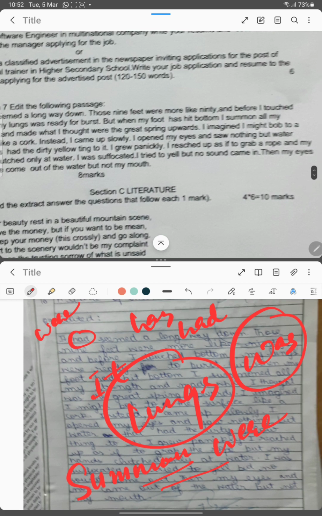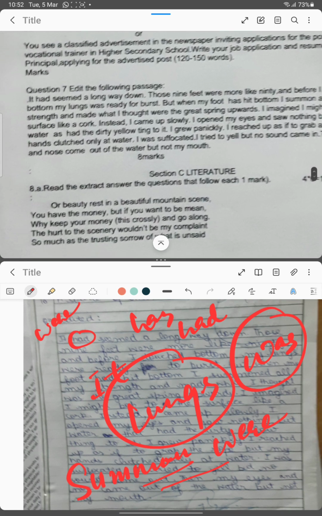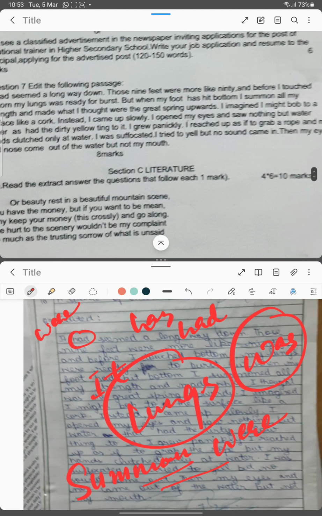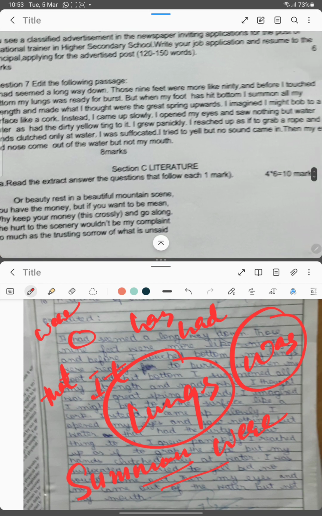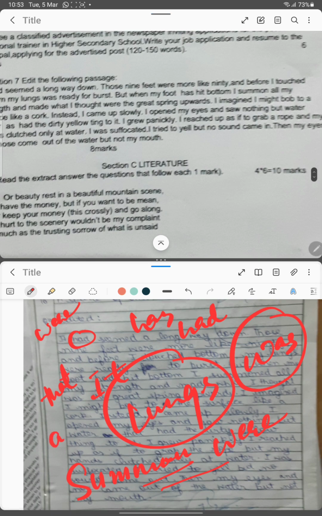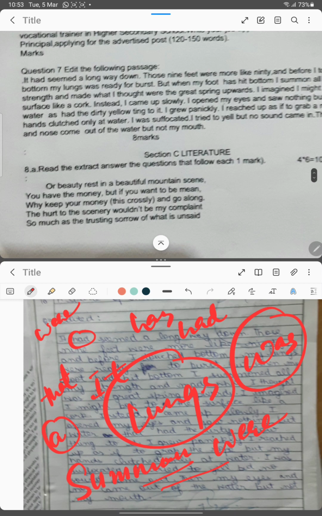I imagined I might bob to a surface like a cork. I imagined that. Imagine के बाद that. I might bob to a surface नहीं, to the surface. To a surface नहीं, we are talking about a particular surface. So to the surface of water.